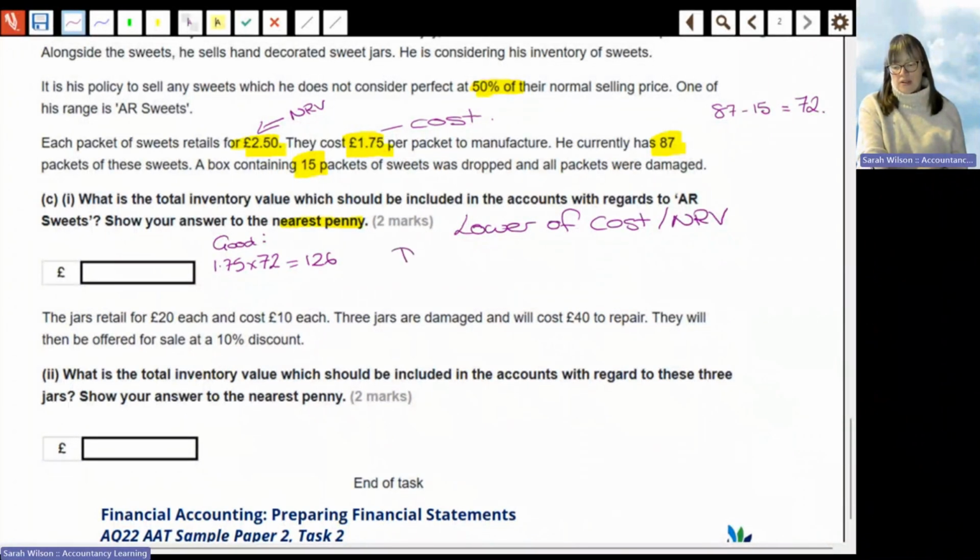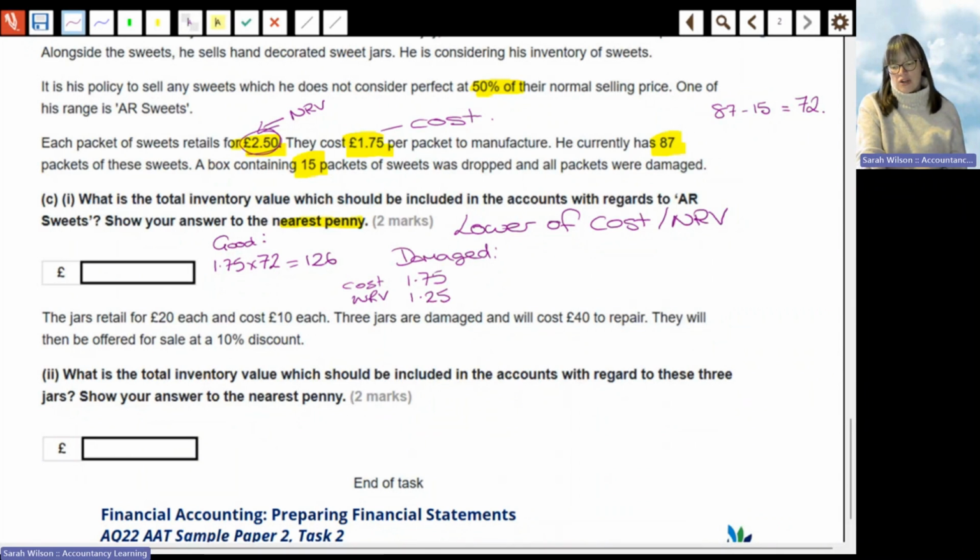Now the damaged ones still would have cost 1.75, but now their net realisable value is only 50% of the selling price. So our net realisable value is 1.25.